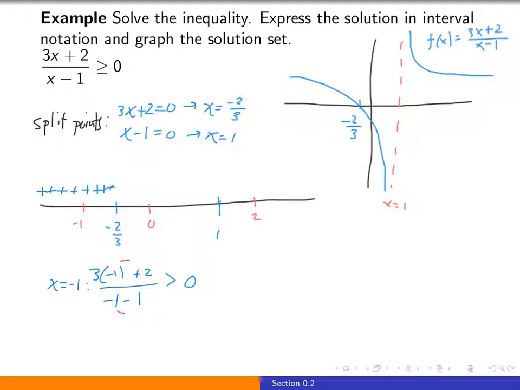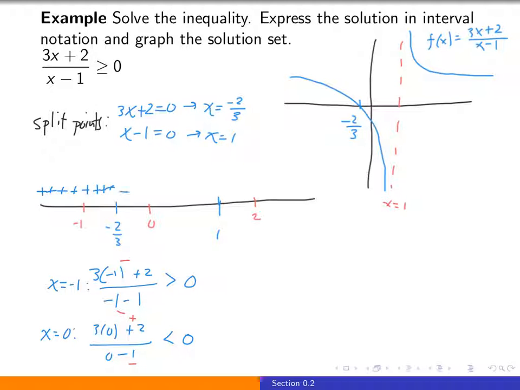Then we go to our next test point, x equals 0. When we plug 0 into our expression, 3 times 0 plus 2 over 0 minus 1, we end up with a positive in the top, a negative in the bottom. So a positive over a negative gives us a negative.